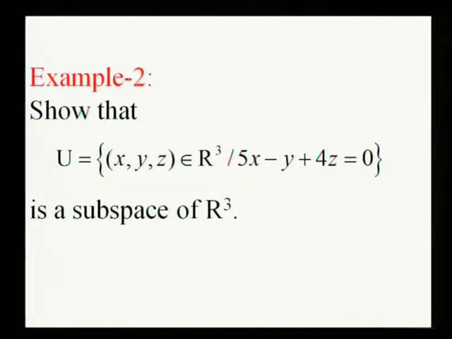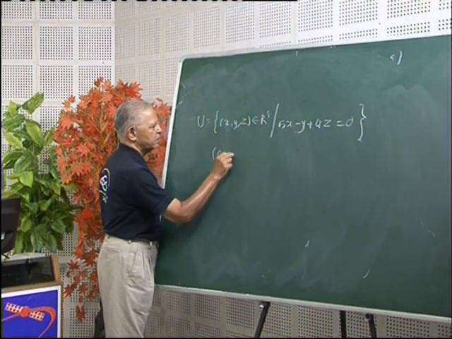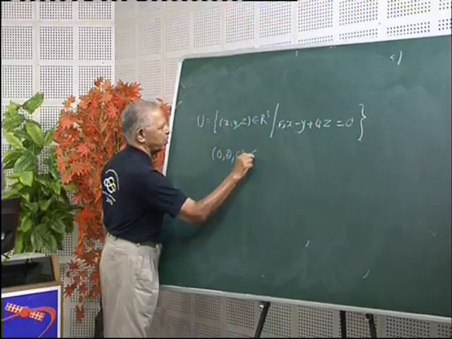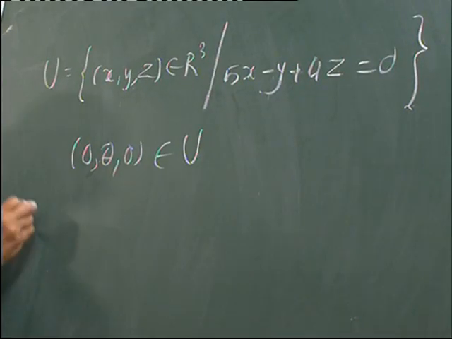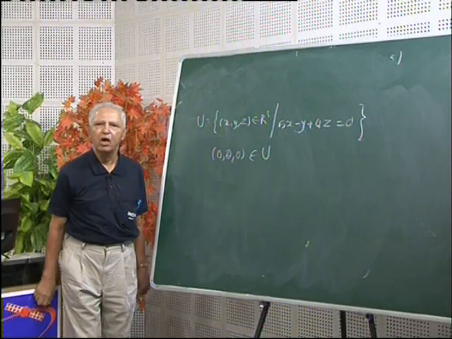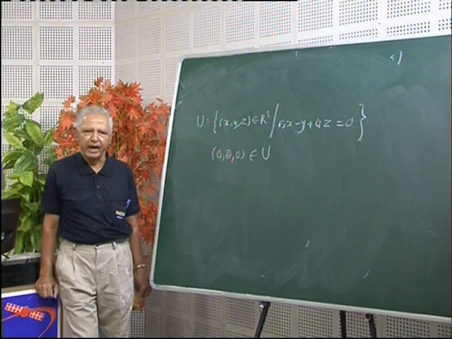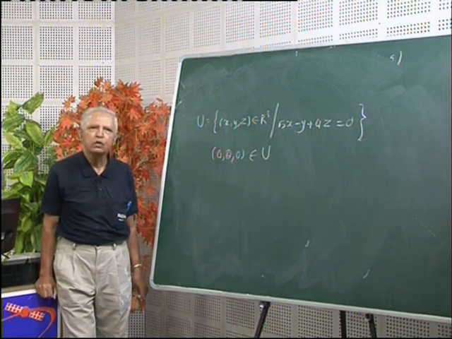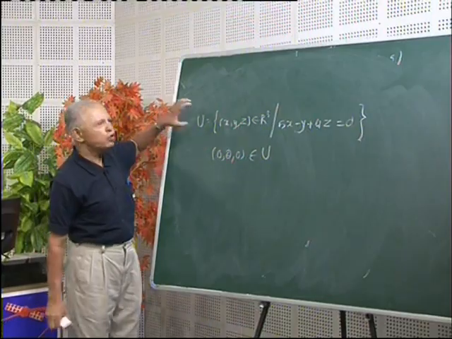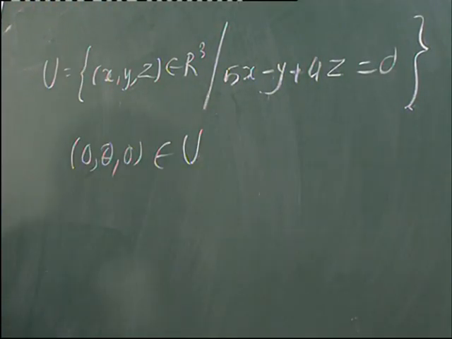Again we can see very easily that the vector (0, 0, 0) belongs to U, and so U is a non-empty subset of R3. And I leave it to the students to show that U becomes a subspace of R3.